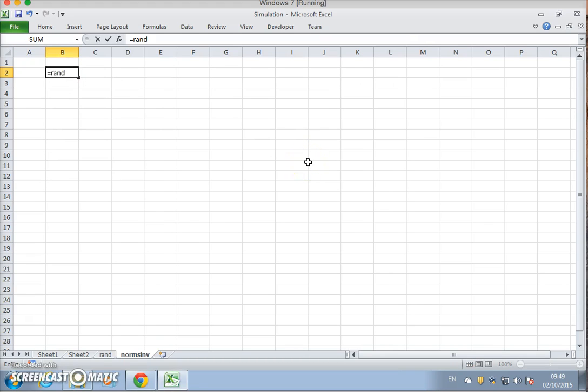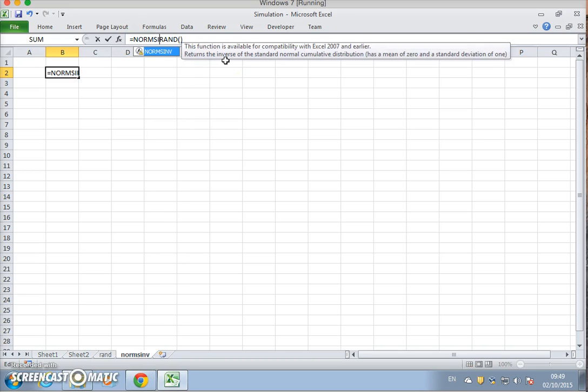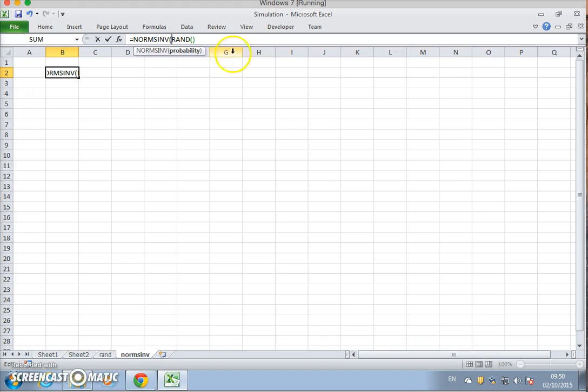If we write RAND, the value, if we F9 this, you can see the value will always be between 0 and 1. If I put NORM.S.INV on this, the value then gets converted into having a mean of 0 and standard deviation of 1.